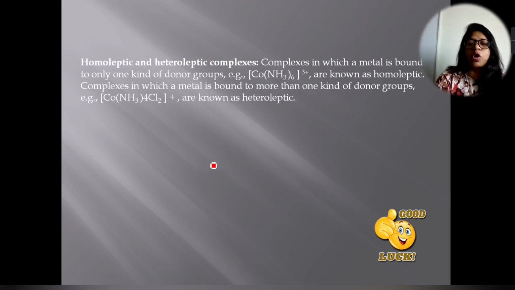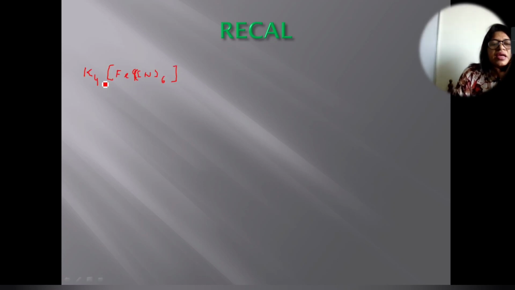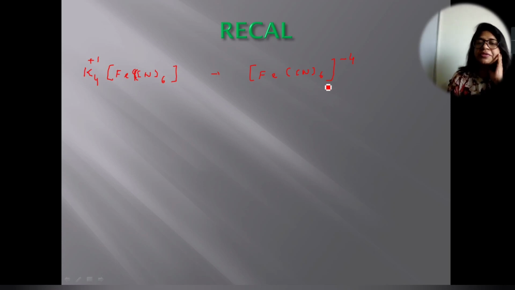Now let us just recall what we have studied. So I'm just writing a complex: K4[Fe(CN)6]. If I remove the 4K+, and write this alone, this is the coordination entity. Now if I put the charge -4, this is the coordination sphere.